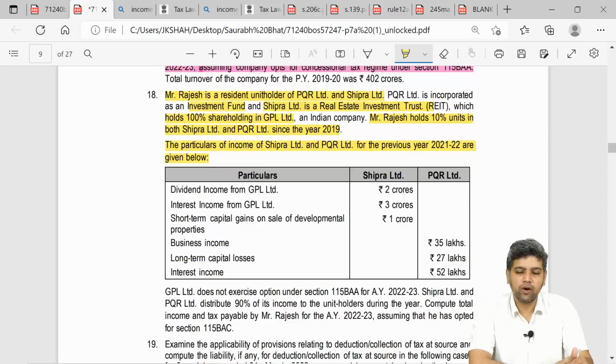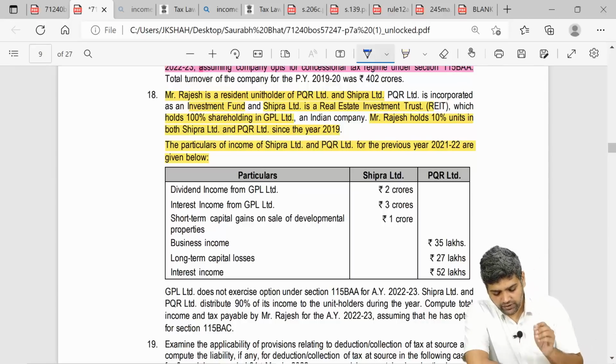Other than that, all other incomes earned by the business trust are chargeable to tax in the hands of business trust itself at maximum marginal rate. Other than that, as far as AIF is concerned, in AIF only PGBP income is chargeable to tax in the hands of AIF. Other than that, all incomes would be passed through to the unit holders.